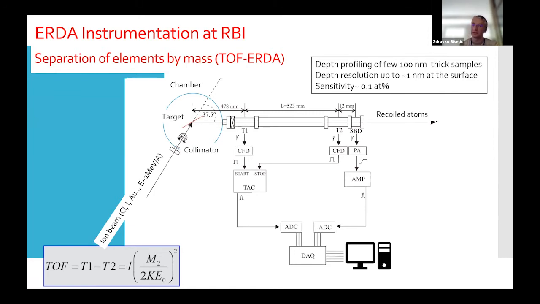So it's not microns as in the case of RBS, because we use a heavy ion beam here, and heavy ions have much higher stopping and stop much shallower inside of the sample than a light primary ion beam like protons. And sensitivity is about 0.1 atomic percent for the light elements.